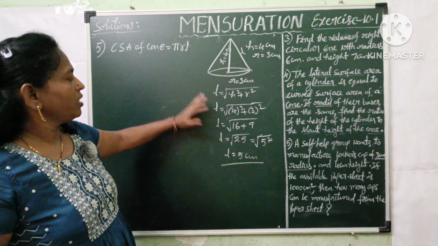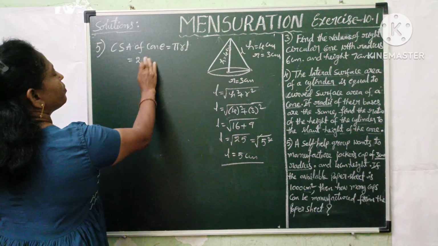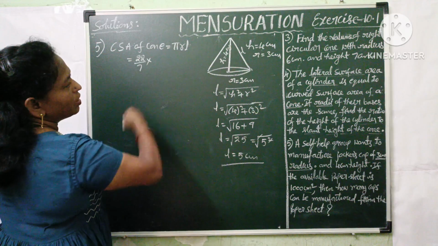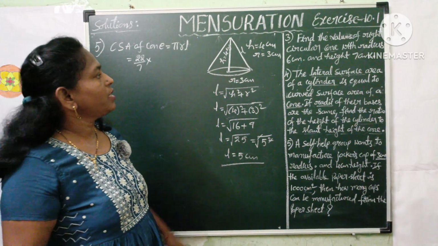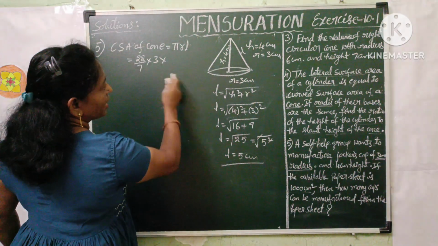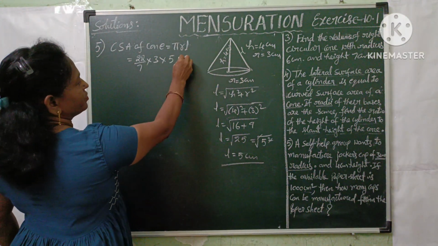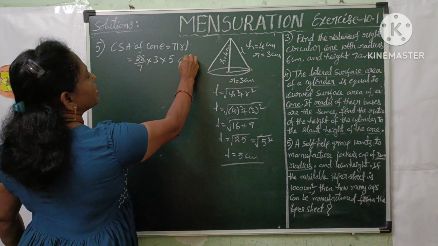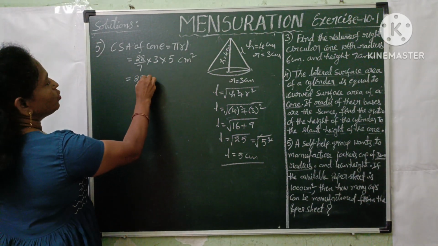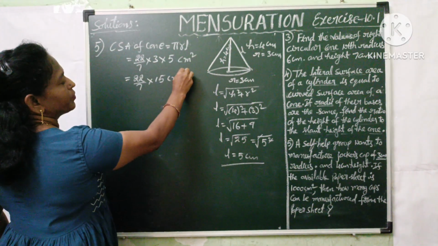Now substitute here. That is equal to 22 by 7, the pi value, into radius 3 centimeters, into slant height 5. The curved surface area in centimeter square is 22 by 7 into 3 fives are 15.